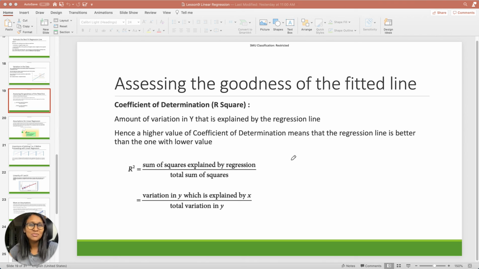The first part is the regression sum of squares, often represented by RSS, which is the explained proportion of the total sum of squares. And then we have the error sum of squares, often represented as ESS, which is not explained by our regression model. Using this concept, we can define R square, and the higher the R square, the better is the regression. This is a very important concept that you need to understand.